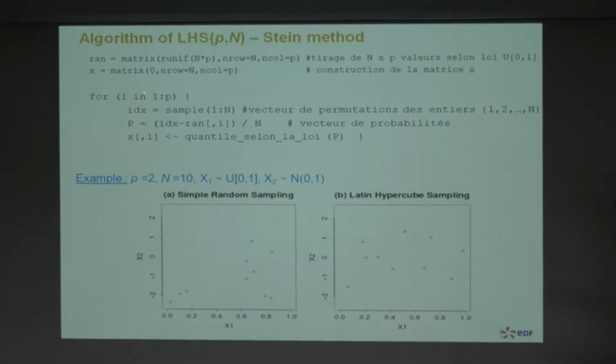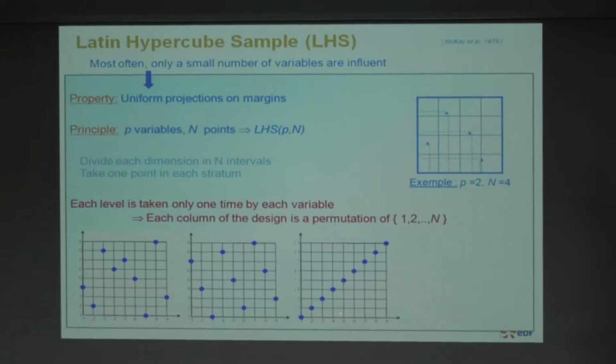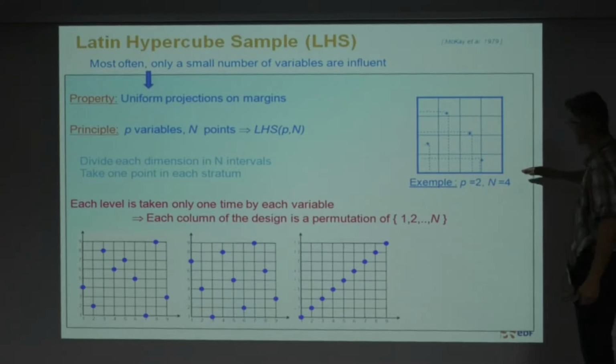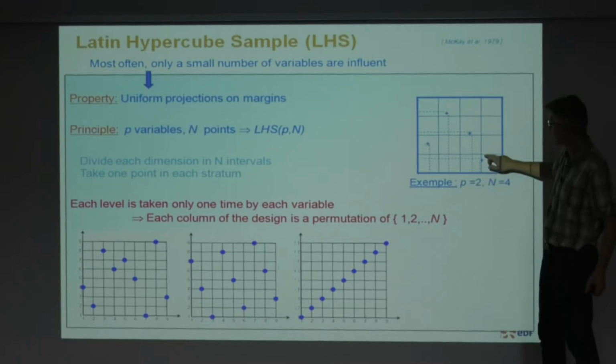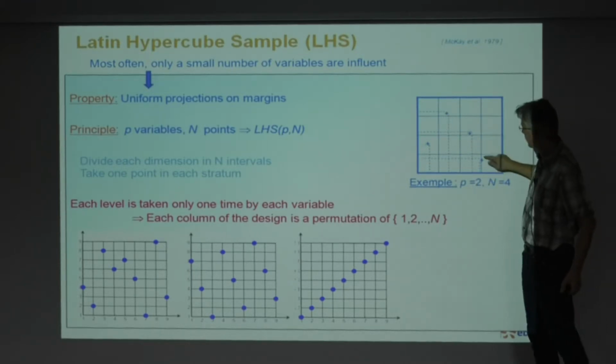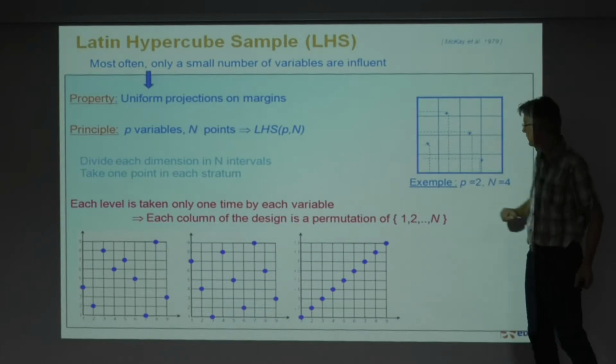But if you do this for each dimension, in fact, you will have what you look for. All the points will be in different strata. In fact, the permutation is for each dimension. So imagine this is my first, second, third, and fourth point.